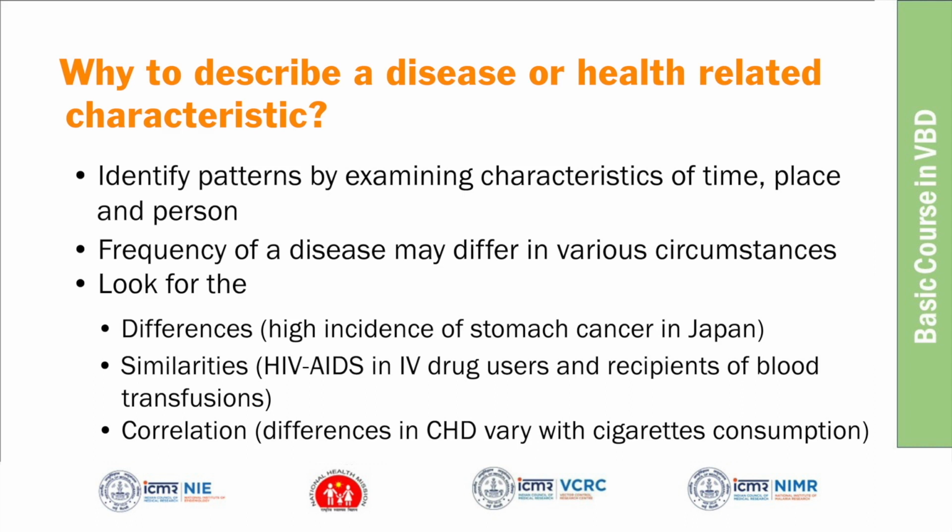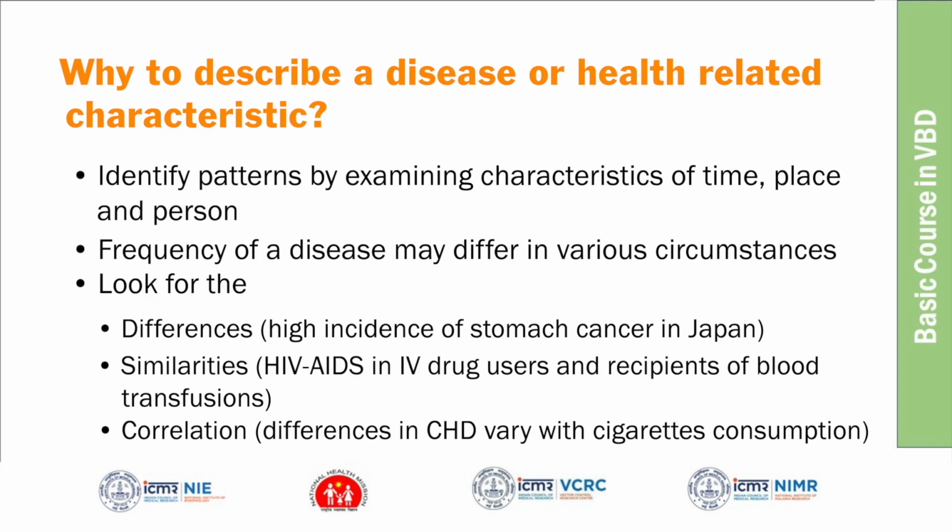When you are looking at the frequency, that is the pattern of the disease, the pattern of the condition, we can look from three angles. That is, whether there are any differences, or any similarities, or any correlation. Here I have given three examples. For differences, for example, stomach cancer has a high incidence in Japan compared to other countries.